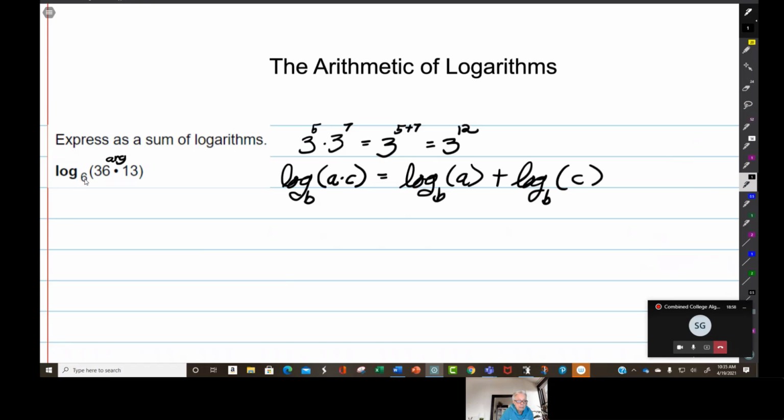So here we have log base 6 of two things that are multiplied in the argument. So I'm going to rewrite this as log base 6 of 36 plus log base 6 of 13. And since they're just one number, you don't need to put them in parentheses.